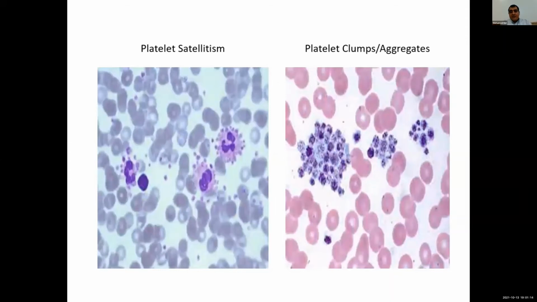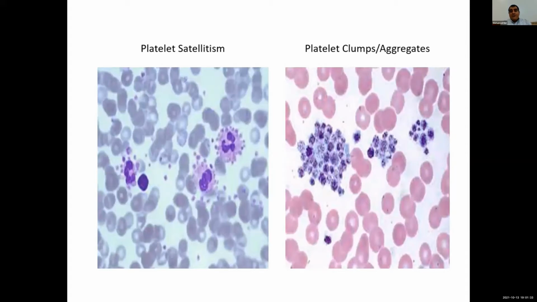These are two other examples of causes of pseudo-thrombocytopenia. On the right side, we see platelet clumps or aggregates. The platelets appear as clusters or groups of cells, no longer discrete platelets.